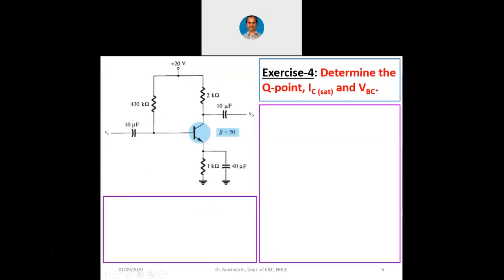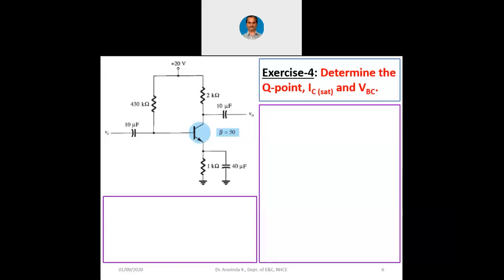This is the exercise for the self bias or emitter bias. Now quickly solve this. The question given is: determine the Q point, determine IC sat, and determine VBC. IB is VCC minus VBE divided by RB plus (1 plus beta) into RE. That is the formula.